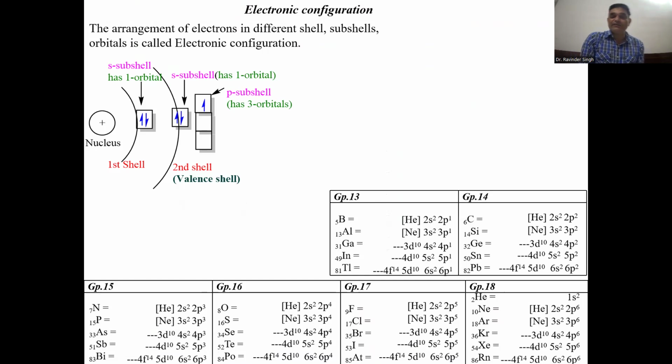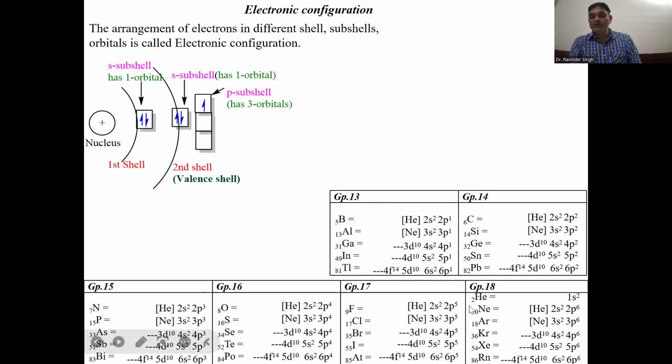Why are we writing the valence configuration here? Because generally, while drawing the structure and geometry of different compounds, for example of group number 18, XeF2, XeF4, we just write the valence electron configuration. So in this way, we can write the electronic configuration of any element.